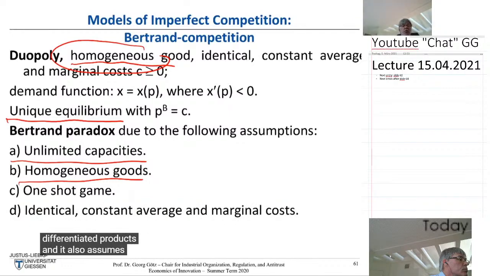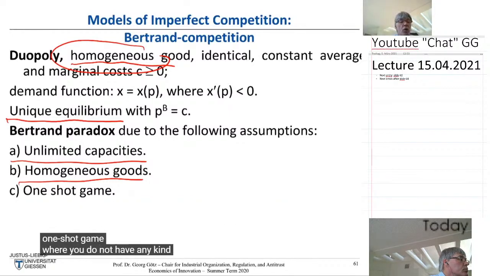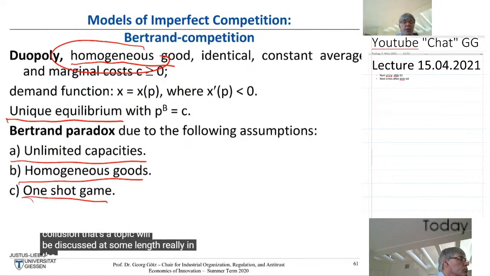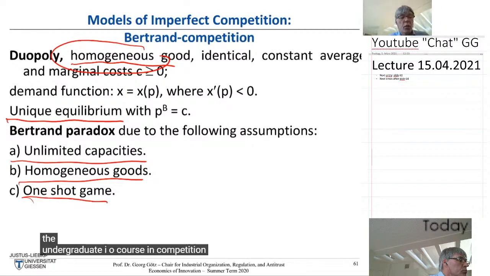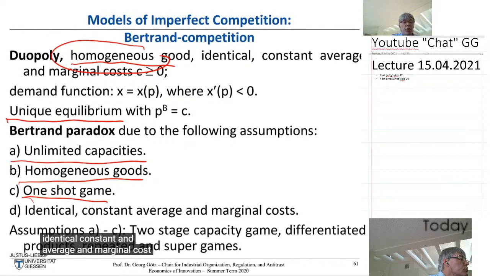It also assumes that you have a one-shot game where you do not have any kind of collusion. That's a topic we discuss at some length in the undergraduate IO course and in competition policy. And finally, it assumes that you have identical constant, average and marginal cost. In IO, we abandon this assumption of unlimited capacity.